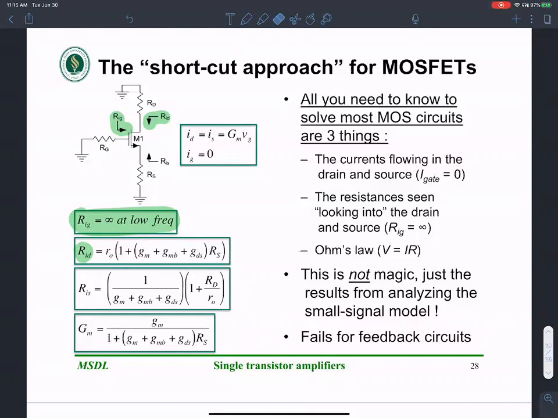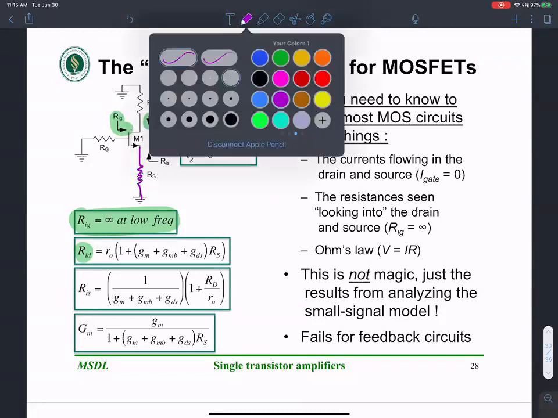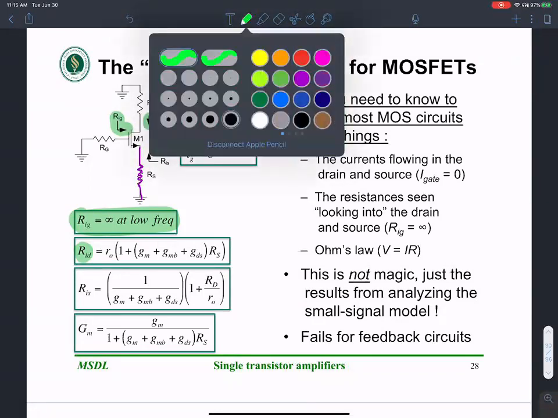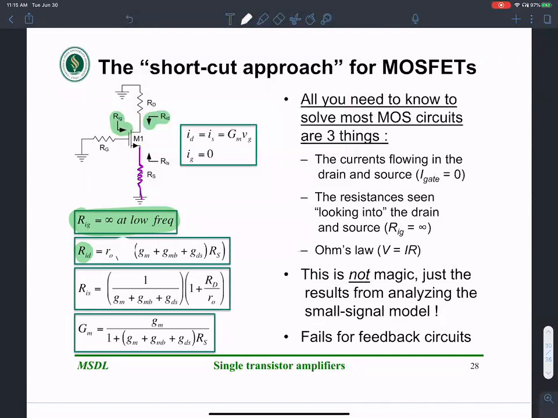So the idea simply is because of the source degeneration. If there was no source degeneration, and you'll see this in the next class, maybe in 109, hopefully, your RID becomes simply R naught, because the resistance looking into the drain is R naught.